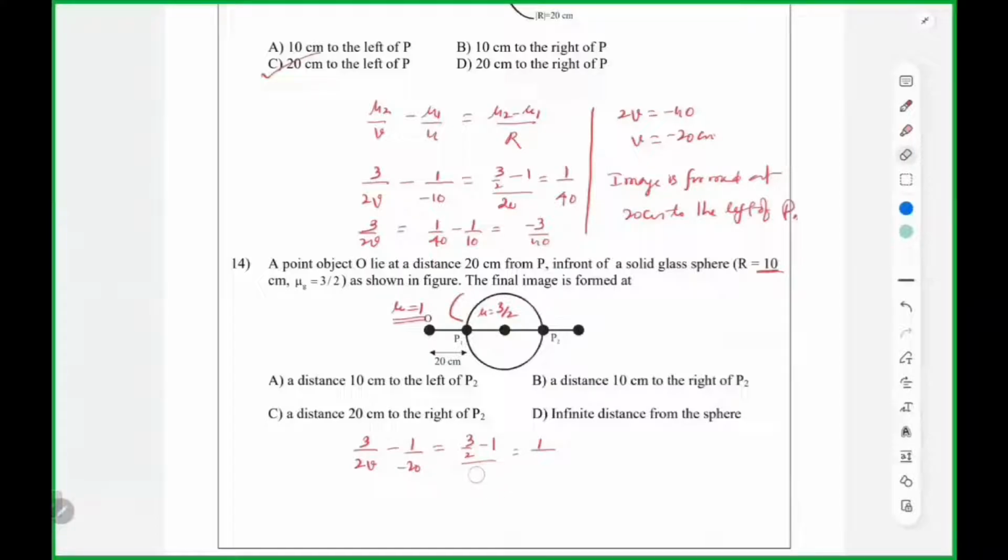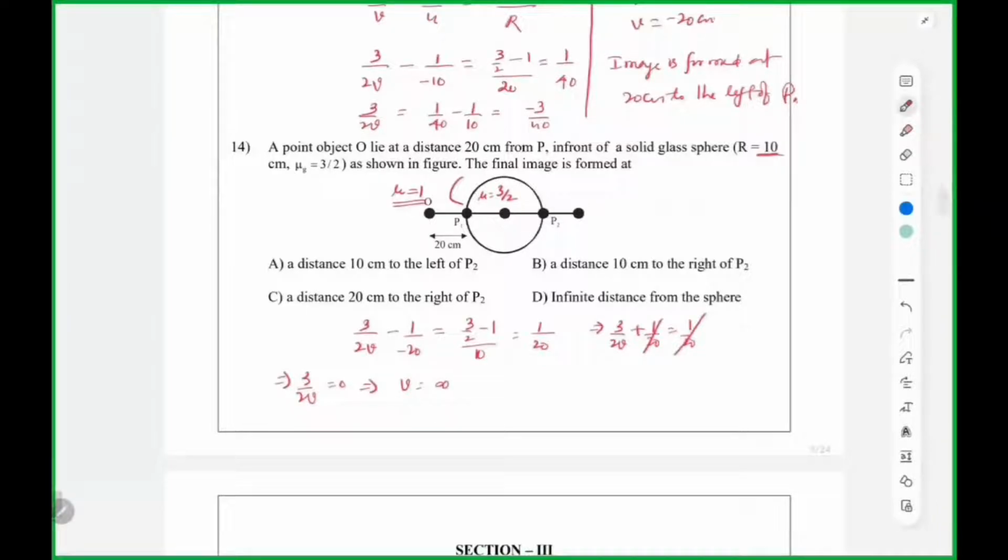So we get here 1 by 20. That means 3 by 2V plus 1 by 20 is this. So we get 3 by 2V is 0. So V here is infinity.